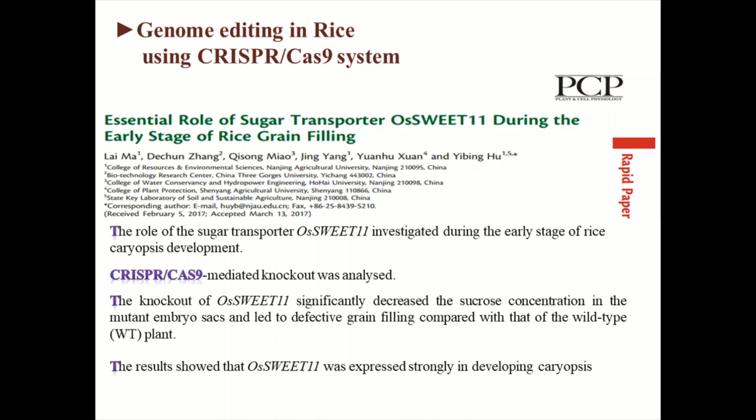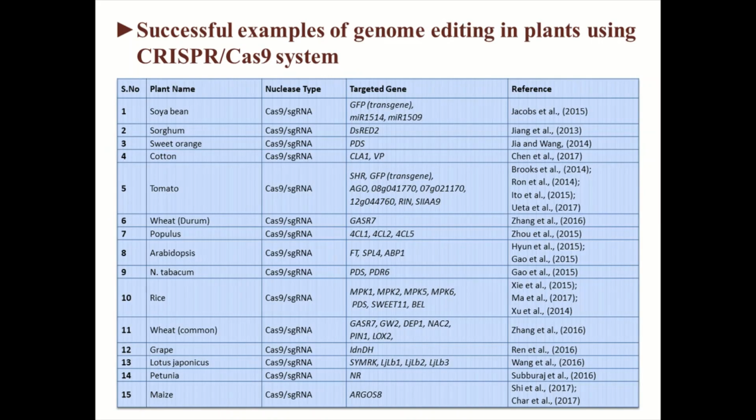The OsSWEET11 gene was knocked out using the CRISPR-Cas9 system, and in the embryo sac of the transgenic rice plant, sucrose concentration was decreased, which led to defective grain filling compared with the wild type plant. So this study showed that the OsSWEET11 gene is expressed strongly in the developing caryopsis of rice plant. These are other examples of CRISPR-Cas9 induced genome editing in different plants.